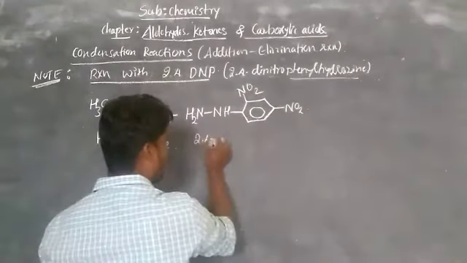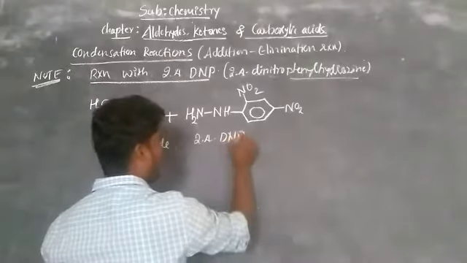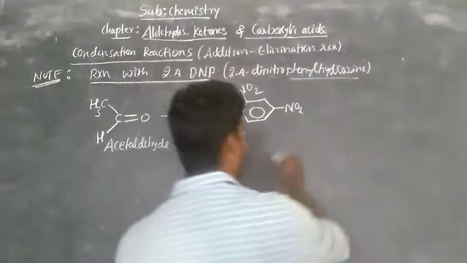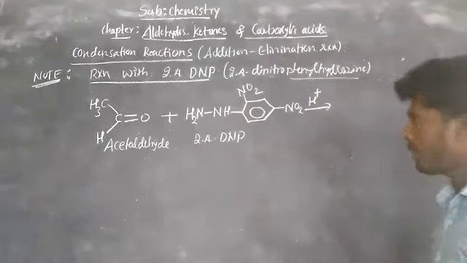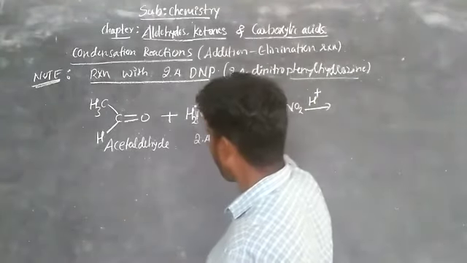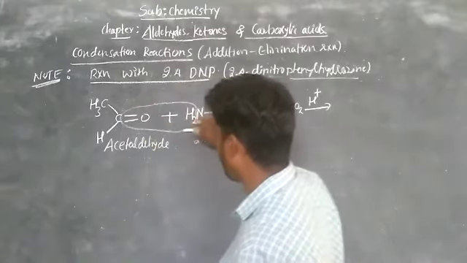Its name is 2,4 DNP, no need to write it here. This reaction is carried out only in acidic media. Now same as in the previous reactions, water is eliminated.